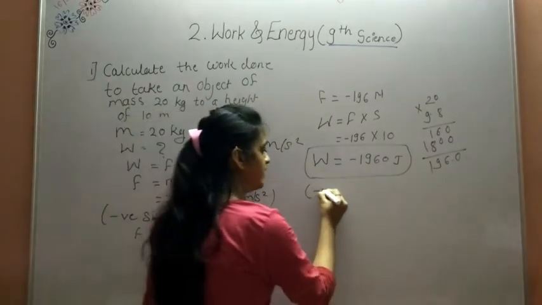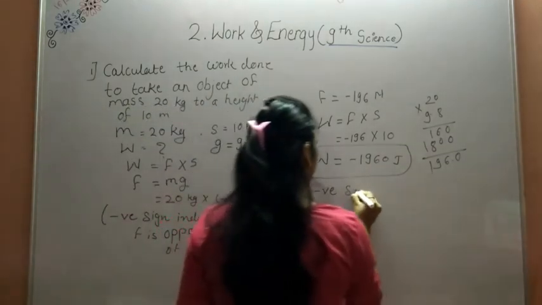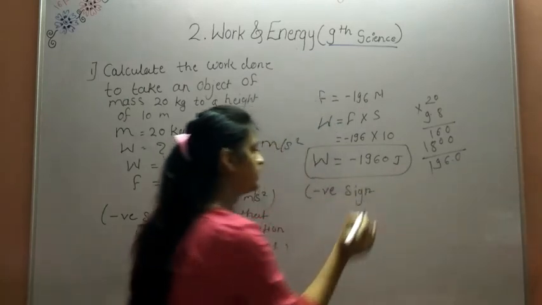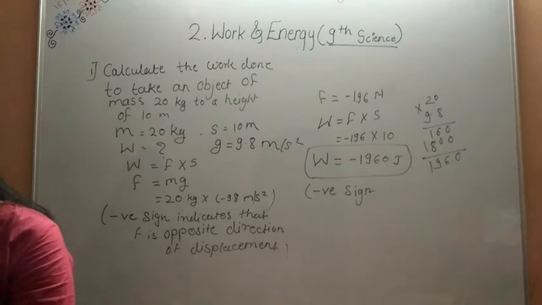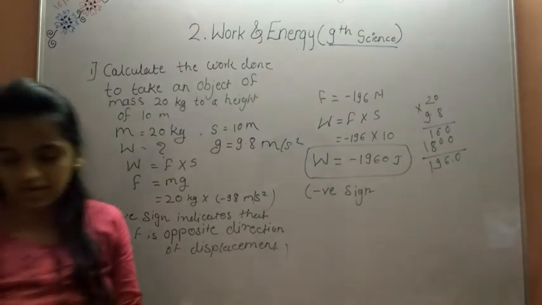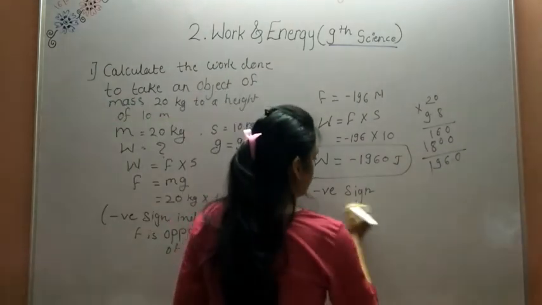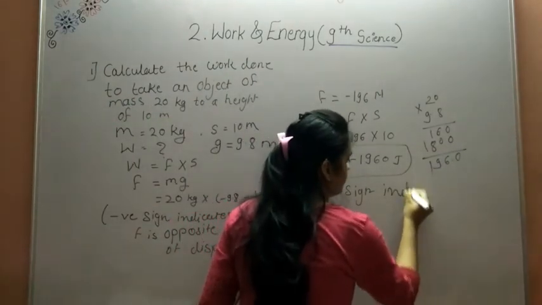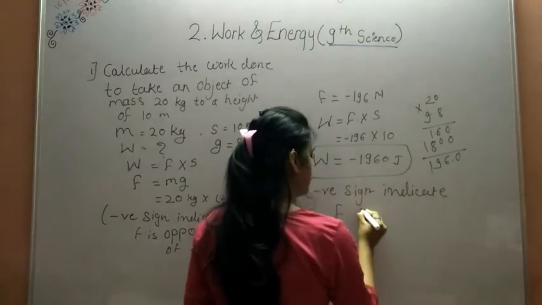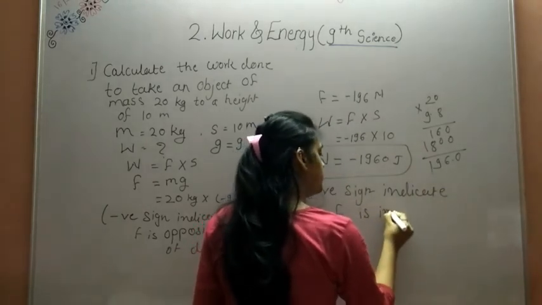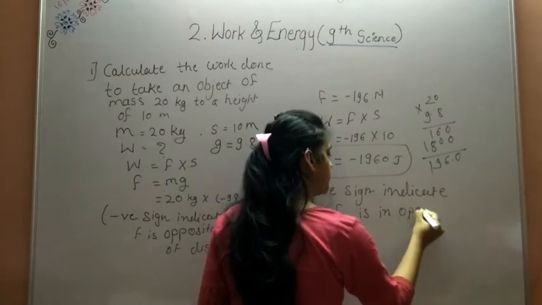And the negative sign indicates that the work done is in the opposite direction. The negative sign indicates that the direction of force is opposite to the displacement. The negative sign indicates that force is in the opposite direction of displacement.